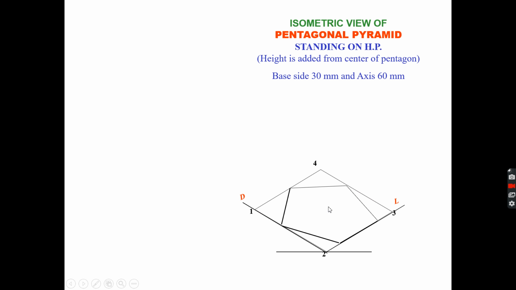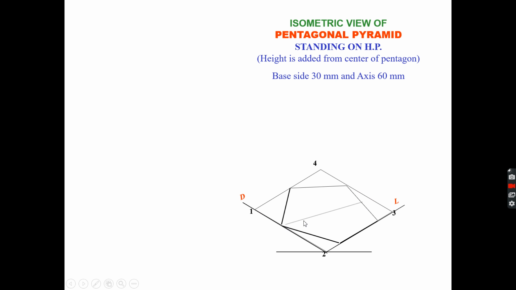Now for making a pyramid, you need the center point of that pentagon. So what I will do, I will draw the line from here which will meet the midpoint of that side. Remember it is not a 90 degree angle here, but in actual it should be 90 degree angle.